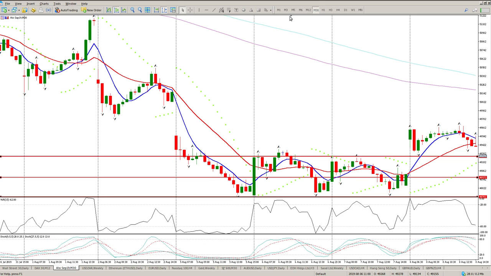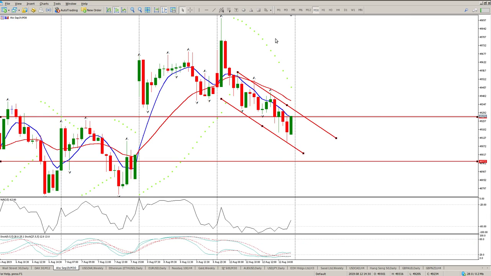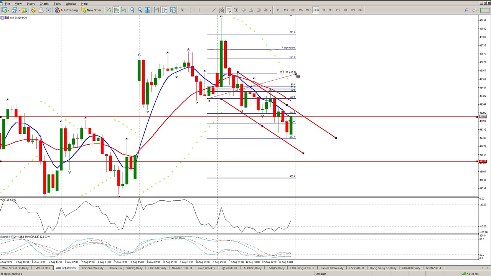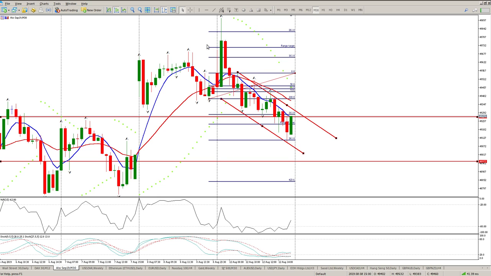If we look at the closing range strategy yesterday, we pretty much tagged the upside. If we add that in there, you can see we tagged the first target and the second target before reversing and coming back down and tagging the range target and the second target to the downside.